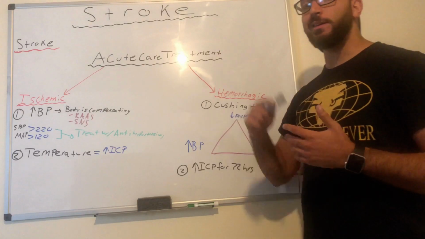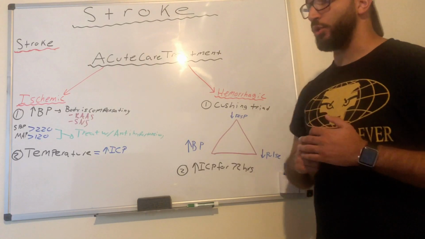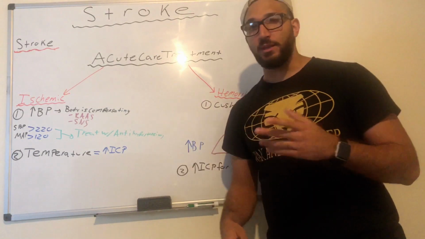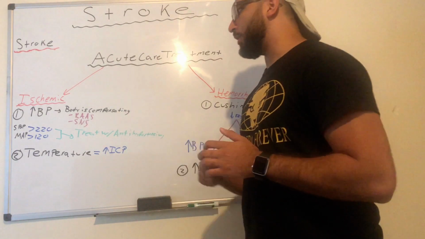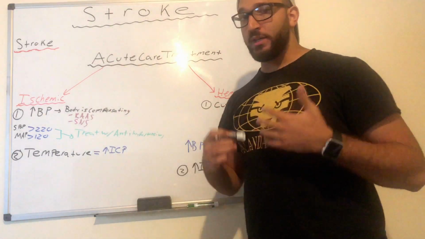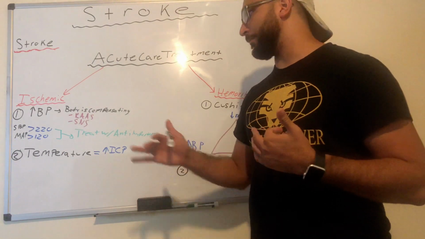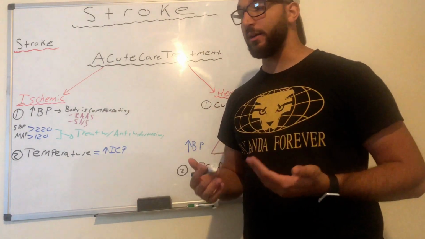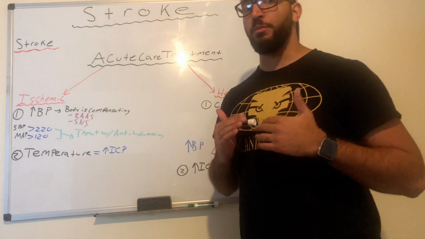Okay, so what is the acute care treatment for a stroke? You are the nurse in the ICU taking care of this patient. Let's say they had an ischemic stroke. Well, first things first, we want to monitor their blood pressure. Their body's trying to compensate. The RAS is going to kick on, their sympathetic nervous system is going to kick on, so we need to monitor their blood pressure.